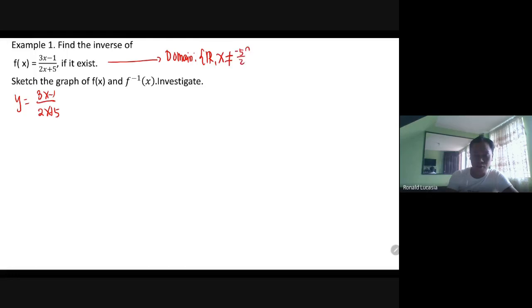Negative 5 over 2. Yun yung domain niya. So, ibig sabihin, yung real number such that x must not be equal to negative 5 over 2 will be the range of the inverse function that we are solving now.